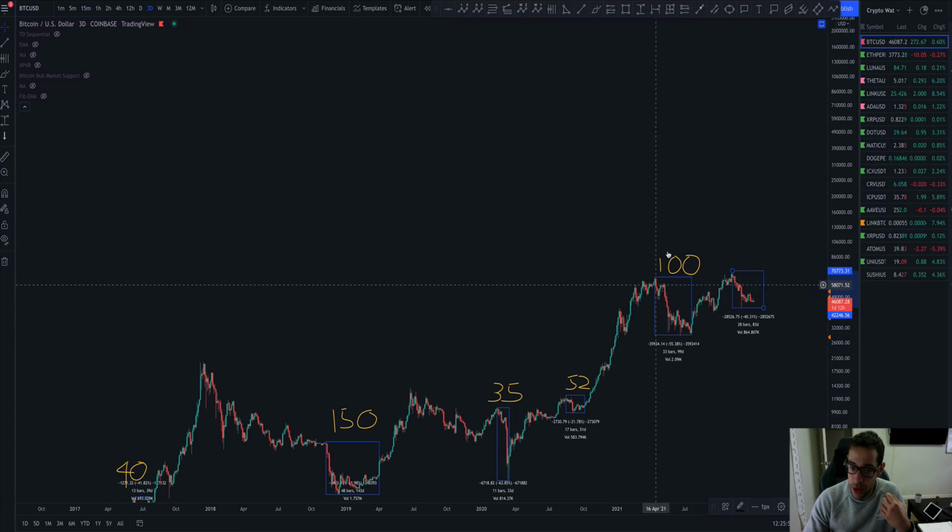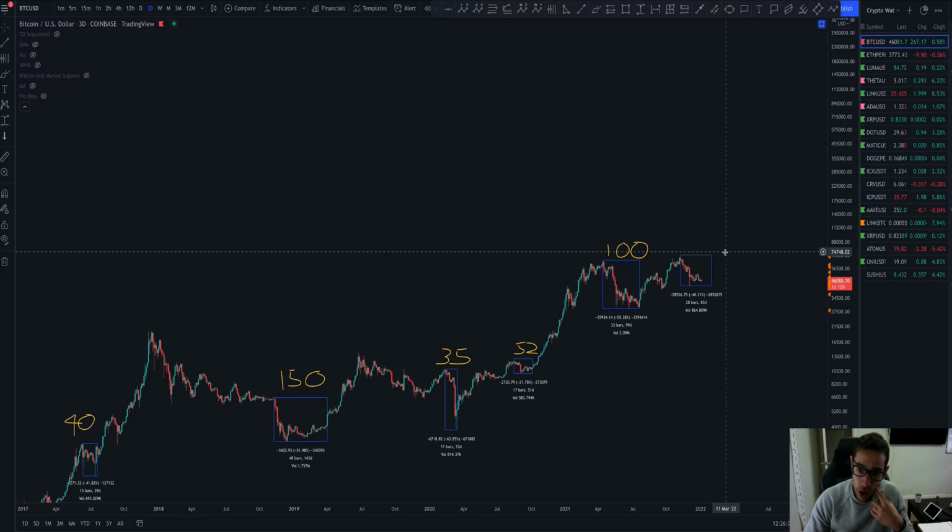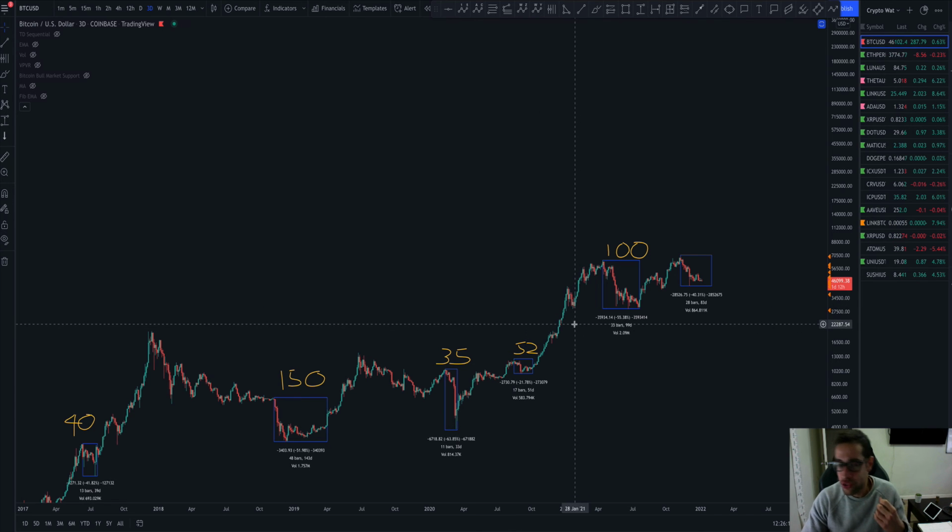That's well within the sort of moves that we've had prior, and I would expect this, if we are to move up higher from here, to be shorter than this one, and definitely shorter than the November 2018 move, because typically this looks like a smaller move in comparison to these two, where the move to the downside hasn't been quite as large. So you would expect the time it takes to correct to also be shorter.